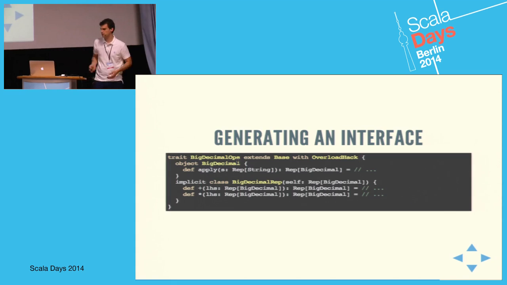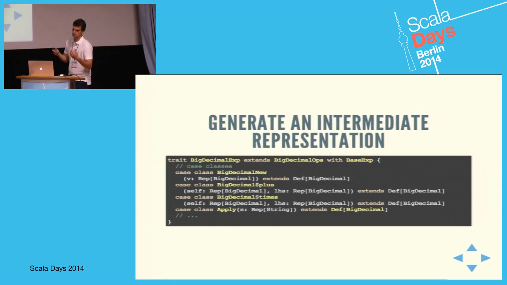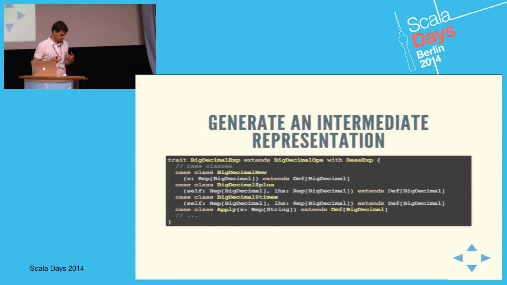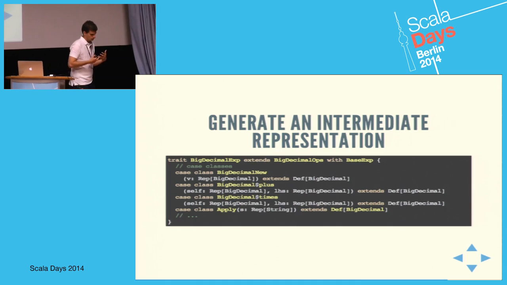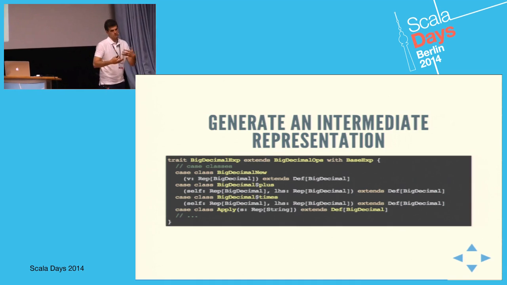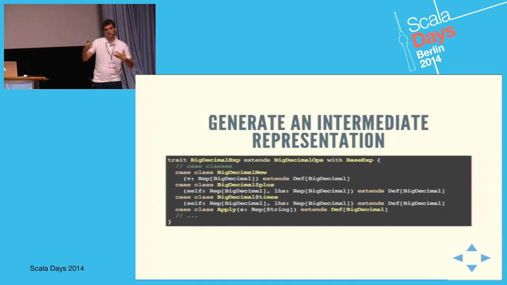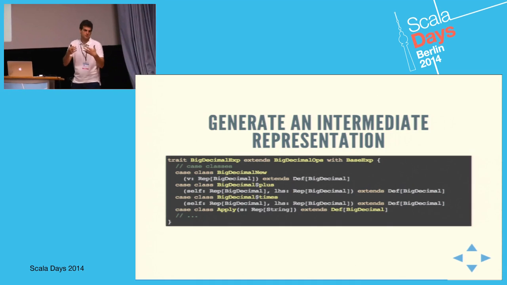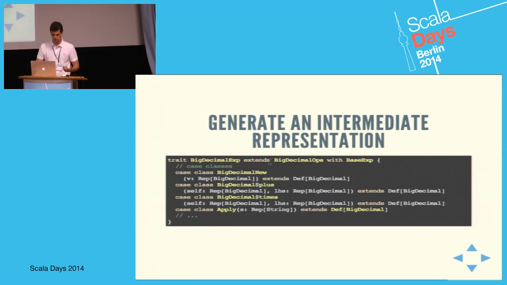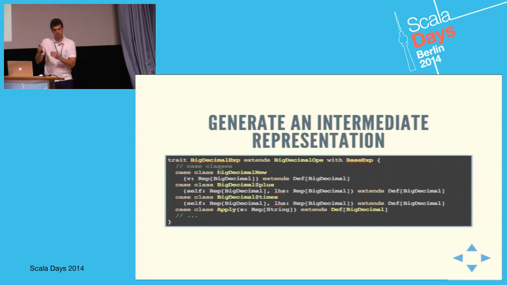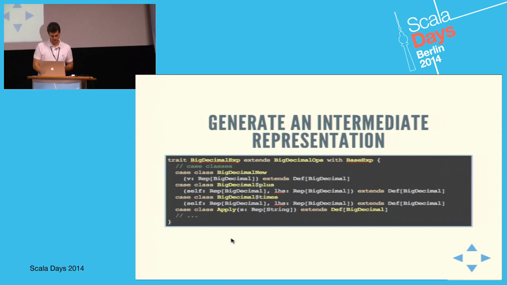So this is an interface. Then we also generate all the case classes. So essentially, as a DSL author, you don't have to worry about methods and vals and objects and nested objects and all this stuff. It's your domain, right? So you care about, is it a BigDecimal new or a BigDecimal plus, and so on. You don't care how it was generated, okay?